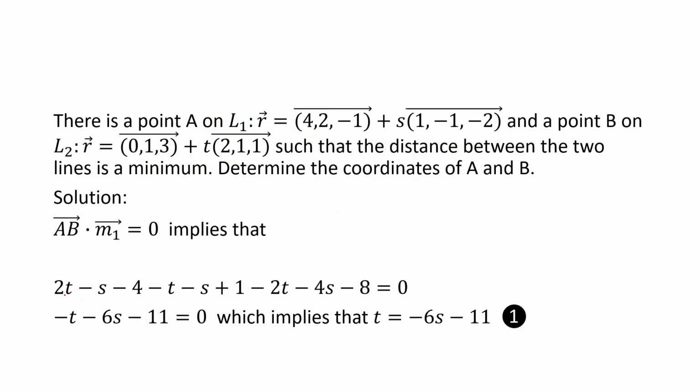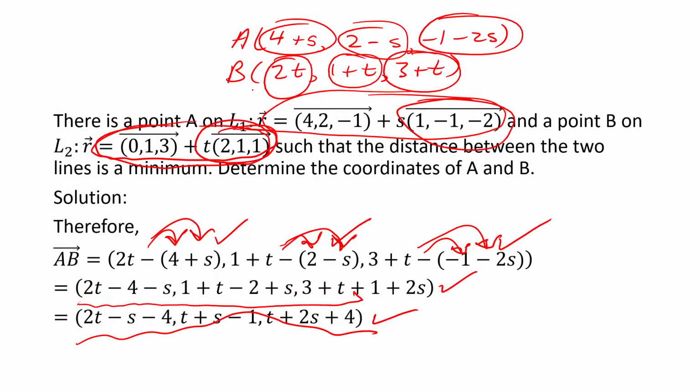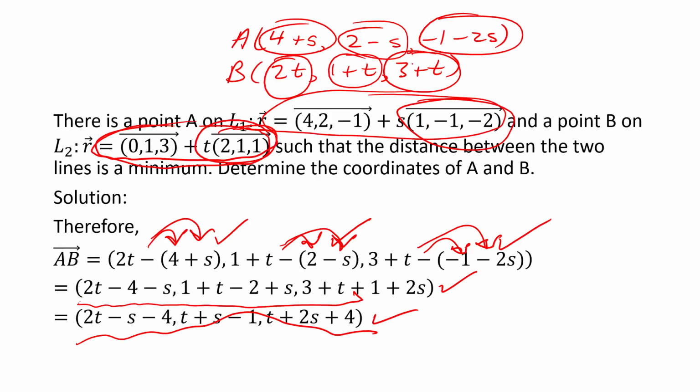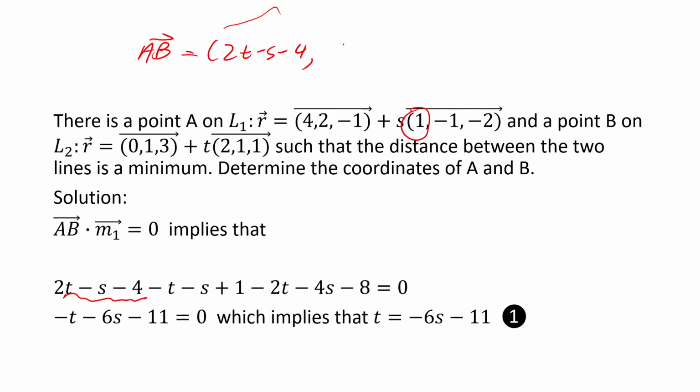Let me just write this here. AB equals 2t minus s minus 4, comma, t plus s minus 1, comma, and t plus 2s plus 4.